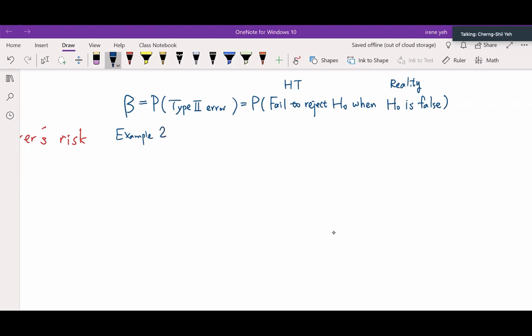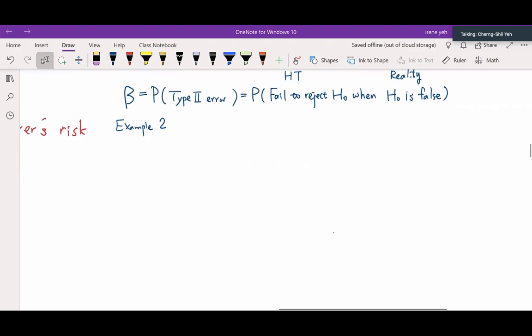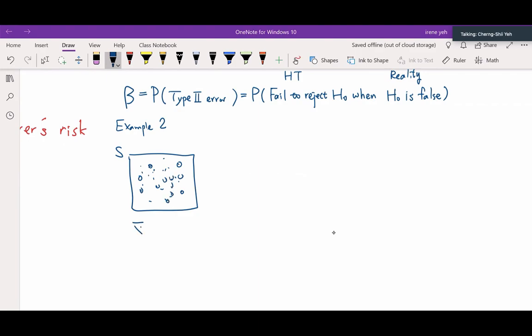Example 2 is going to be very similar to example 1, so you can compare it side by side, but I will change some parameters here. Same thing, here's my sample space. I have lots of products over here, lots of data over here, and I will randomly select a few samples here. And here is my sample average 2, to differentiate that from our first example. Sample average 2 is 50.